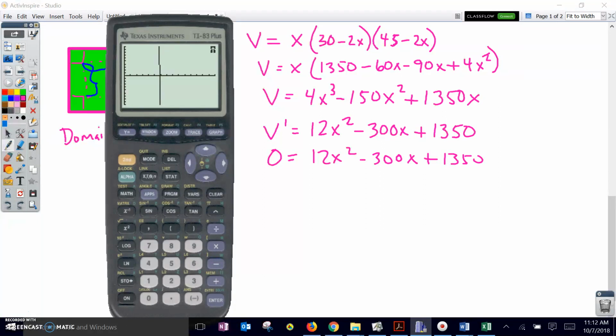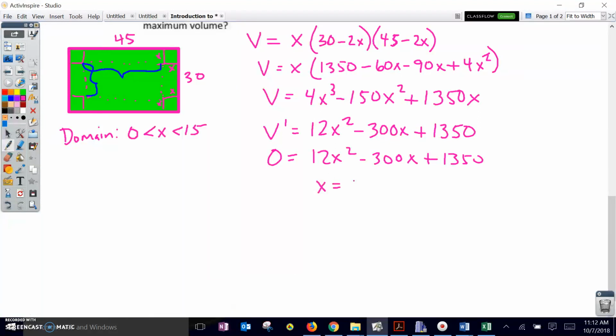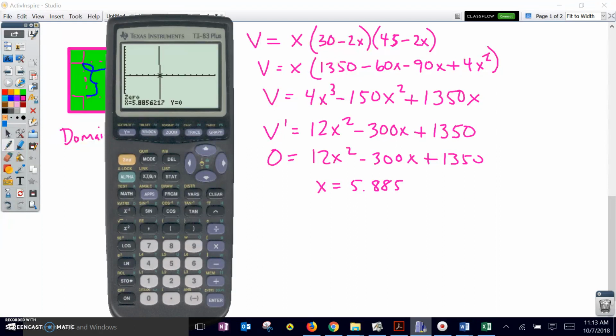So we want to calculate the value of that zero. And we find x equals 5.8856217.